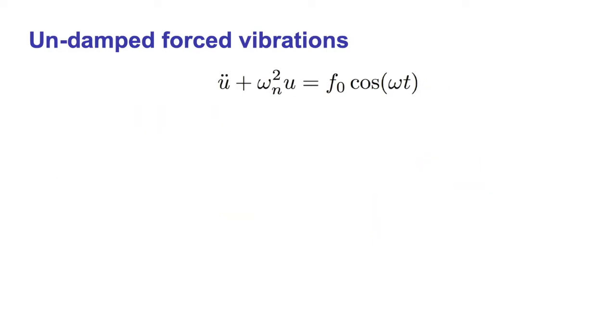In order to arrive at the complete solution to the equation of motion of the undamped forced system, besides the particular solution we've just found, we need to also consider the complementary part, which stems from setting the right-hand side of the equation of motion to zero.